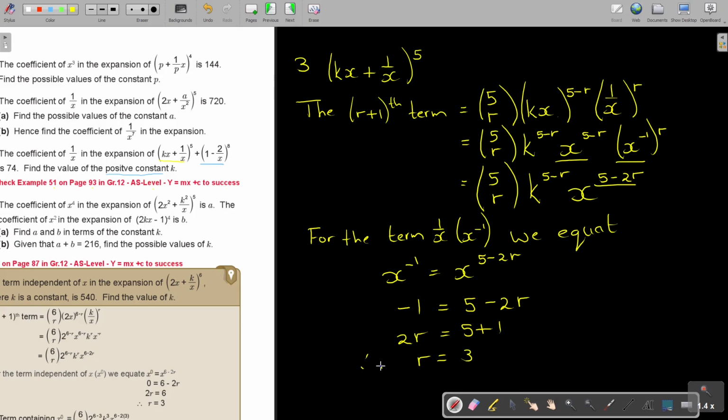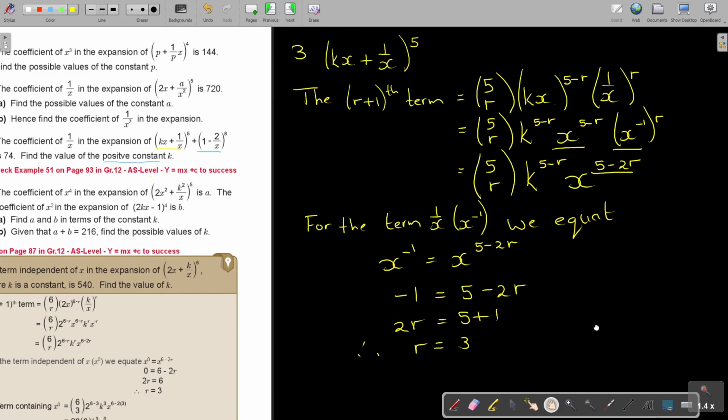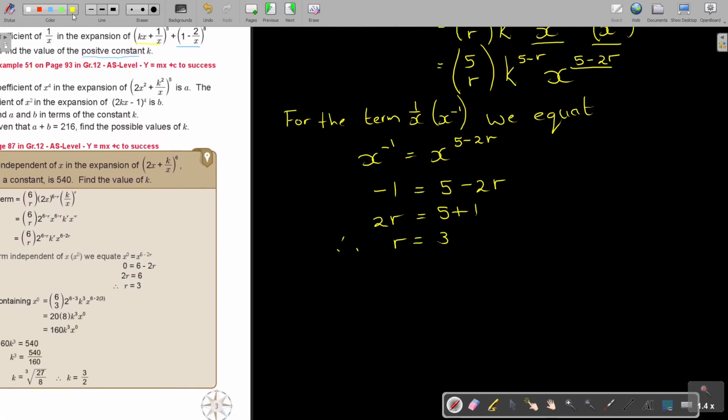Okay. So now I'm completing this. So the term containing 1 over x to the power of 7. And now I'm just going to put 5 C 3. Okay, I say 3, but I write r.